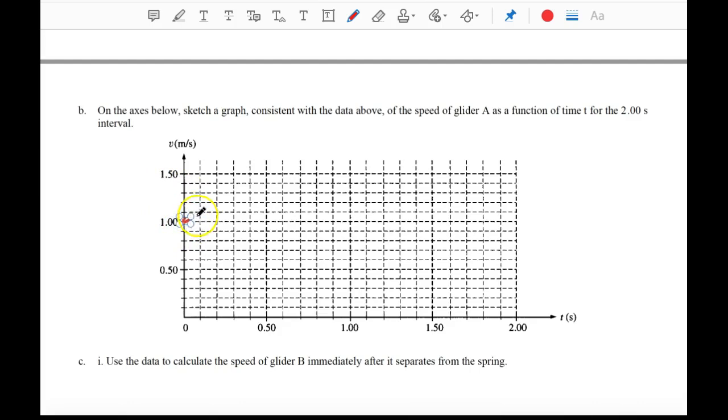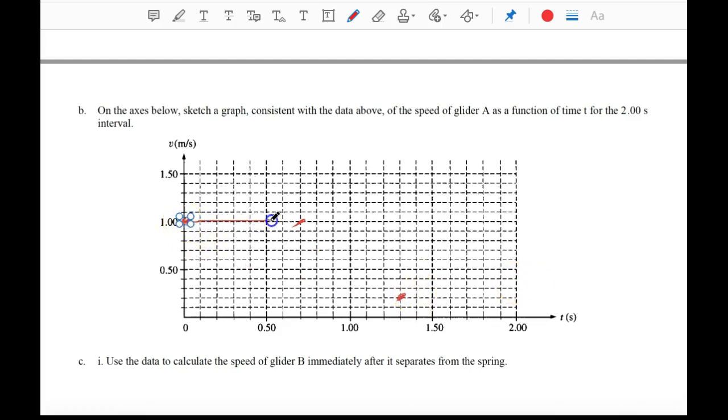Then at about 0.7 seconds is when we start to decelerate. We're going to go all the way down over here at about 1.3 seconds. We know that our speed has come down to about right here. So that's our new velocity, then it tails off.